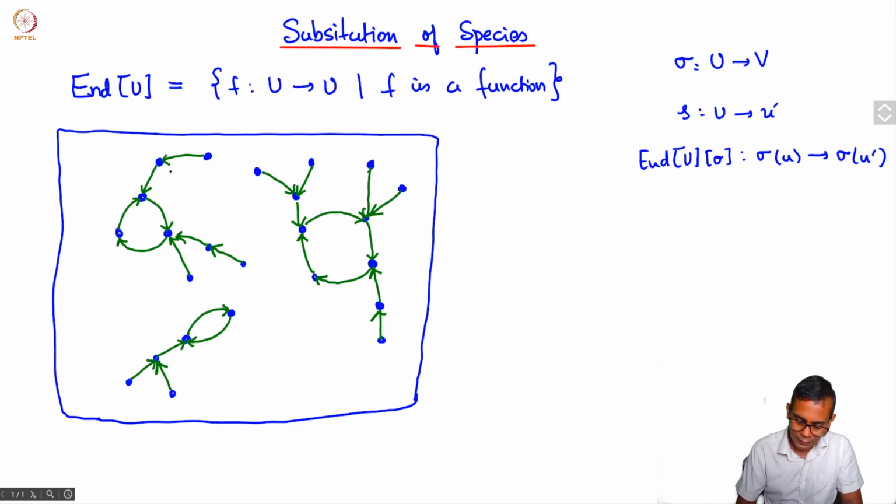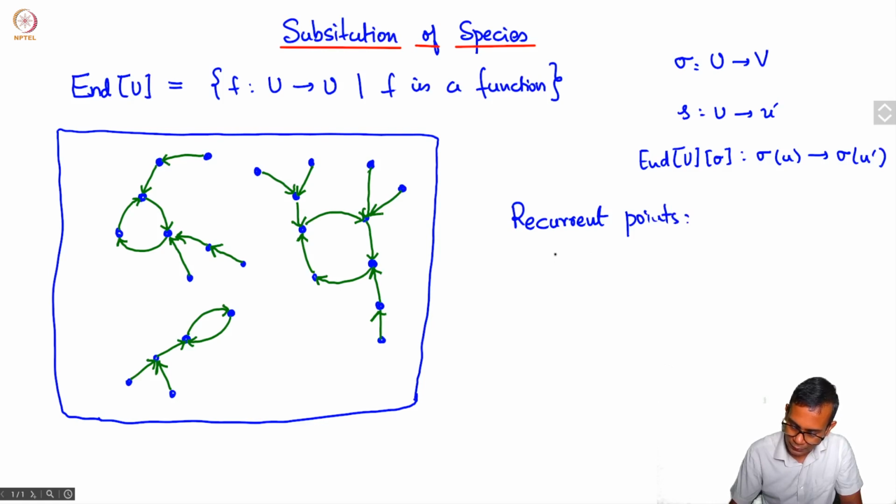And if you have an endofunction, there are two kinds of vertices in it. There are recurrent vertices, maybe I'll call them recurrent points.